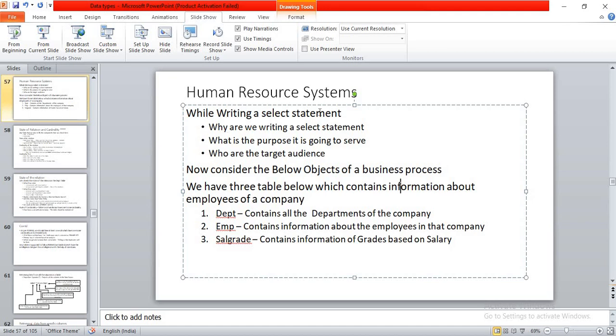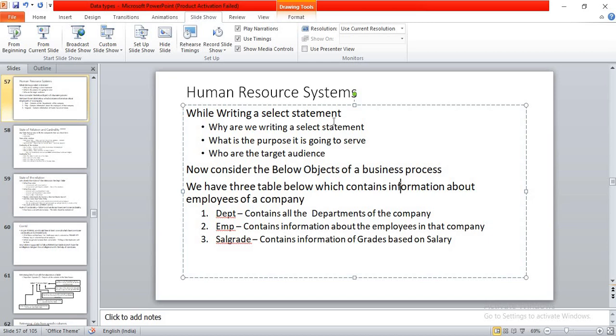So whenever we are writing a select statement, what is the most important thing? Whenever you are writing a select statement, you have to be clear why you are writing that select statement. What is your output? What do you want to achieve from your select statement? And what purpose is it going to serve?